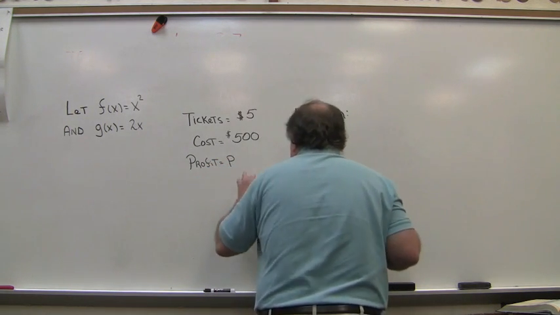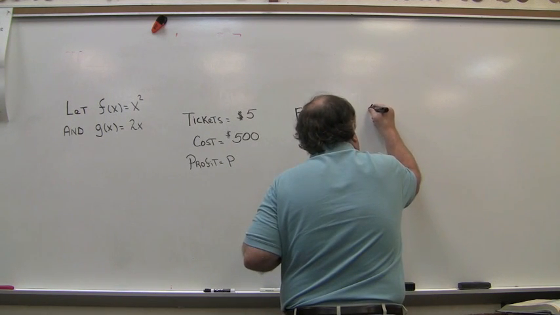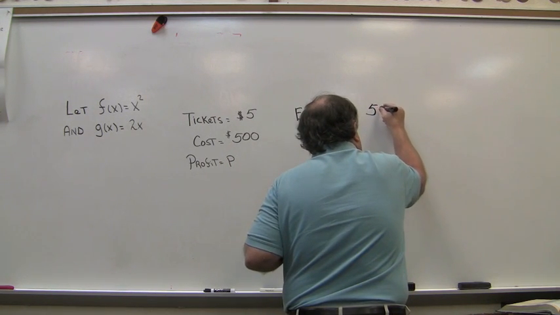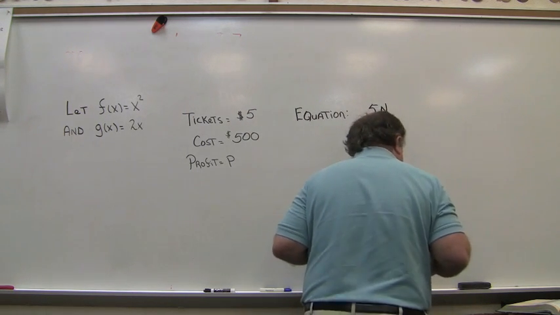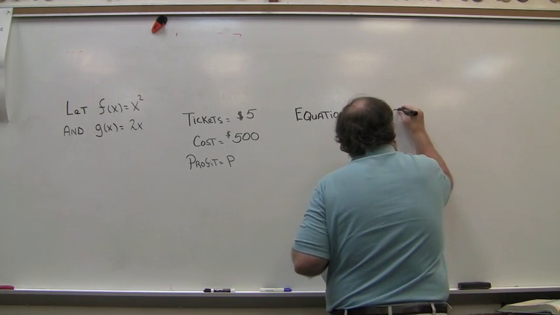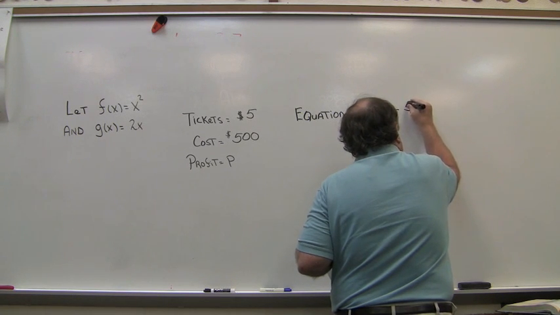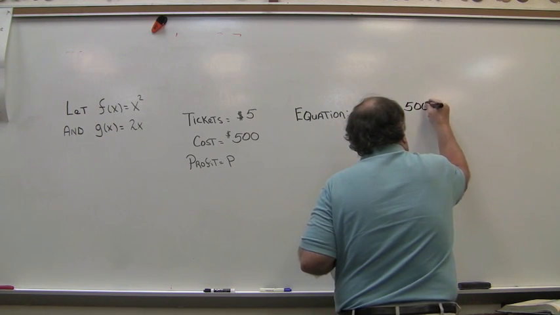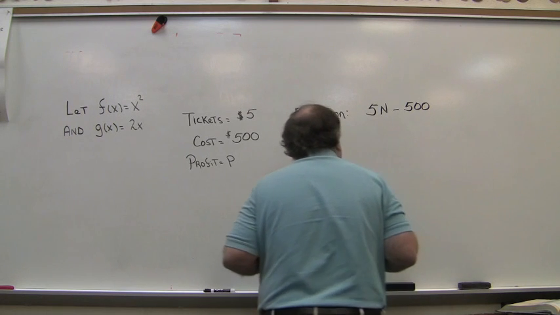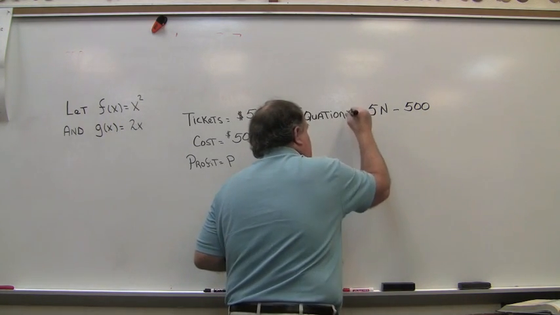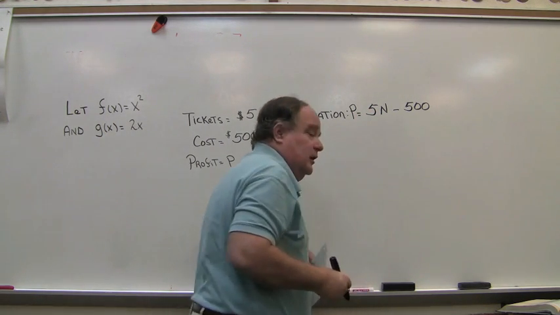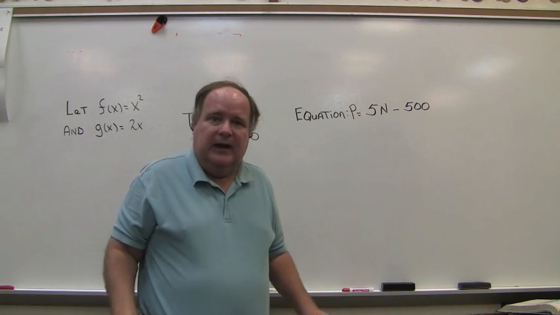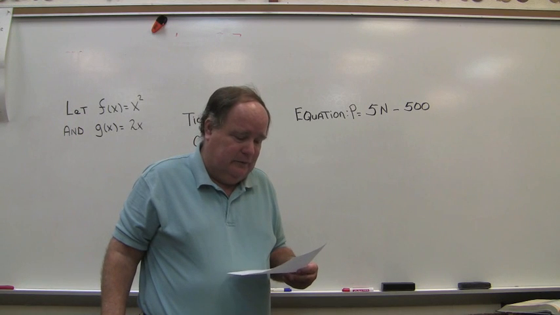Well, if each ticket costs $5 and we're going to have N tickets we sell, that's going to be how much money we make. But we also have to subtract the $500 that we spent to set up our party. So to get a profit, we're going to have to sell some tickets, and we're going to have to subtract $500 from that.